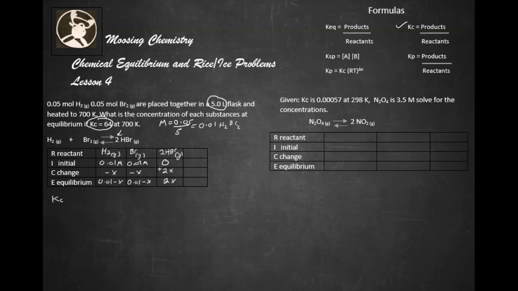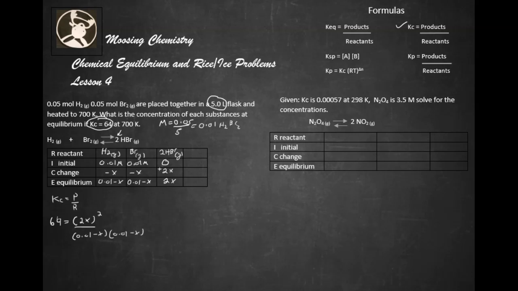So 64 equals our products, which is going to be 2x, but because you get that 2 there, it's going to be 2x squared, over 0.01 minus x times 0.01 minus x.